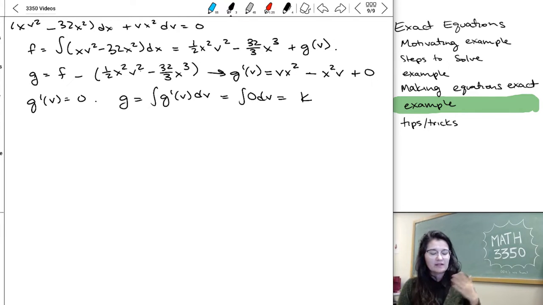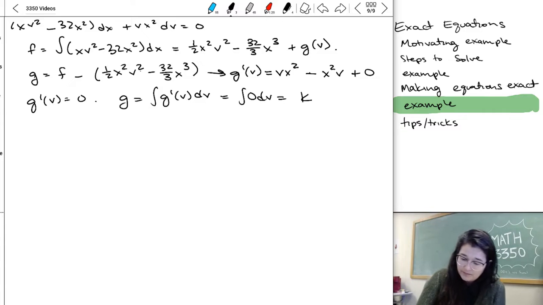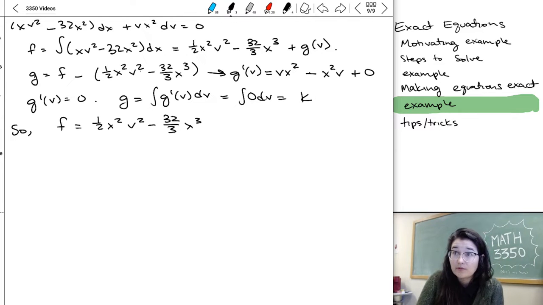Like I told you, when constants come out of this, we don't necessarily need to worry about them. They'll show up when we set it equal to a constant. I'm going to have this one here though and just show you how we combine them when we get our final answer. So, plugging in the unknown g back to our f, we have f is 1/2 x squared v squared minus 32 over 3x cubed plus that unknown constant.